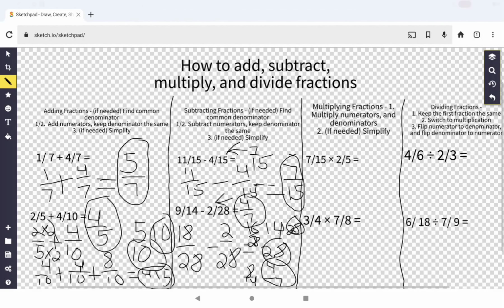Okay, next we have multiplying fractions. Multiplying fractions is easier because you just multiply the numerators and multiply the denominators. You can also simplify when multiplying fractions.